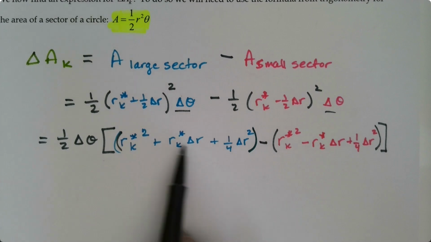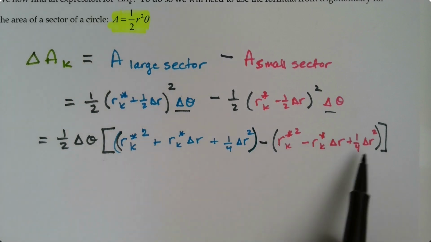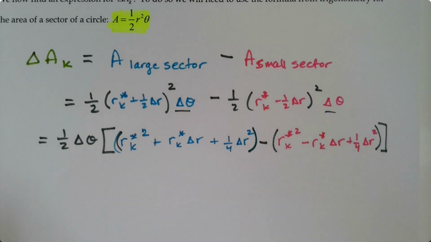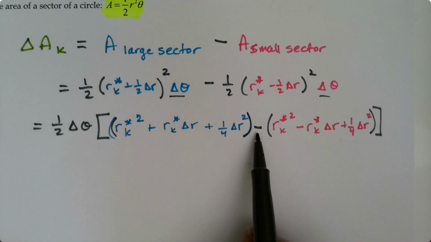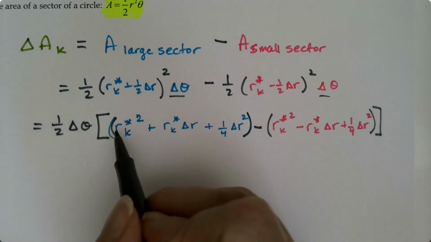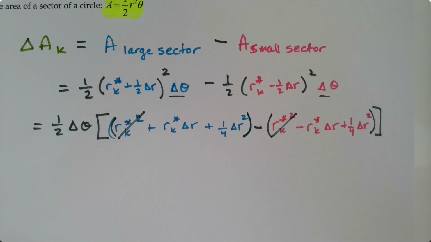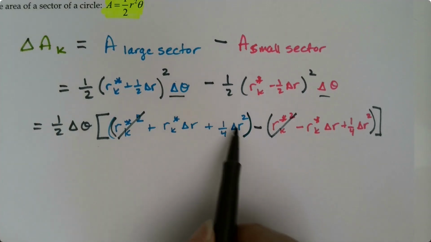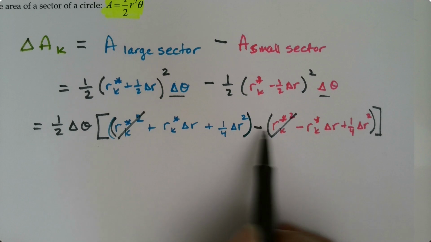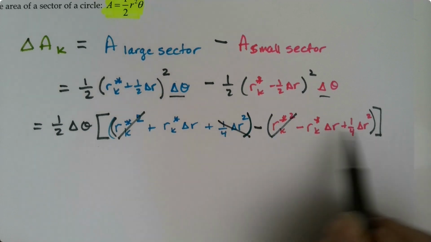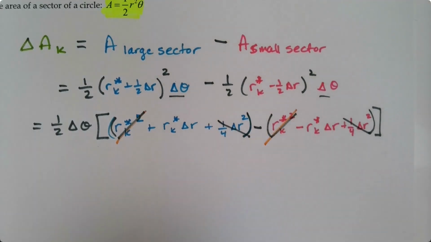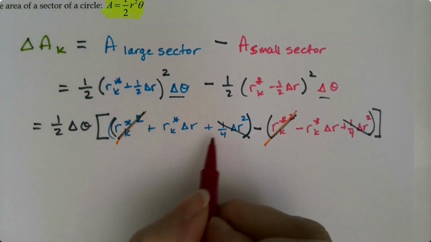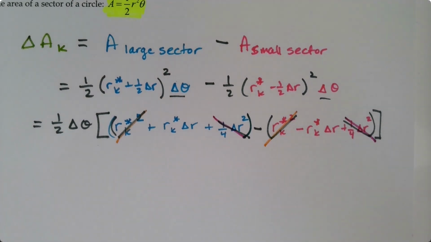The outers and inners become these middle pieces right here, and then the lasts is that. Now you'll notice r sub k star squared minus r sub k star squared means this piece and this piece cancel. And furthermore, 1/4 delta r squared minus 1/4 delta r squared means that piece and that piece cancel. So this and this are gone, and this are gone.